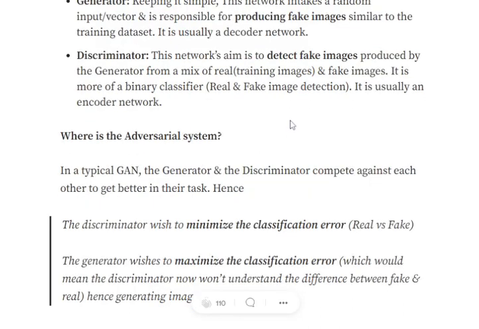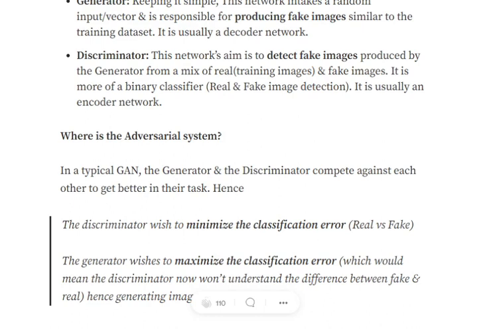So where is the word adversarial coming in for GANs? As you would have understood, both generator and discriminator compete against each other in this training session. The discriminator wishes to minimize the classification error, real versus fake. So we input some portion of real images and some portion of fake images generated by the generator to the discriminator to train it, so that it is able to minimize the classification loss. It should know very well, okay, this is real or this is fake.